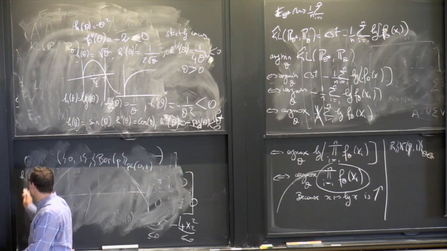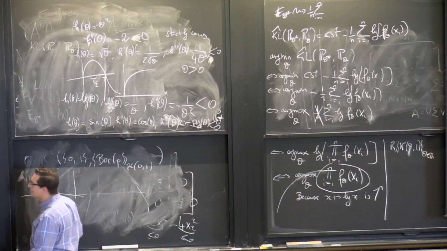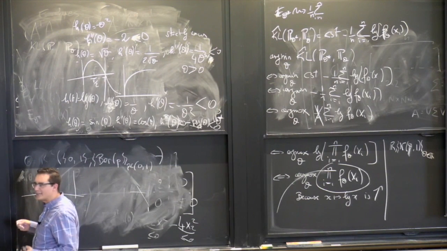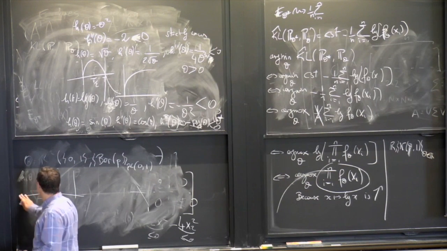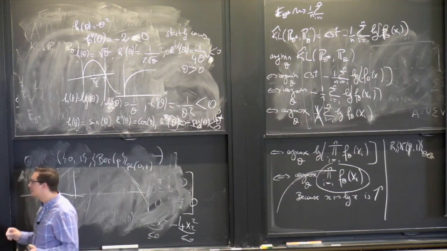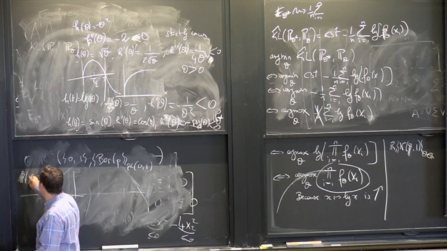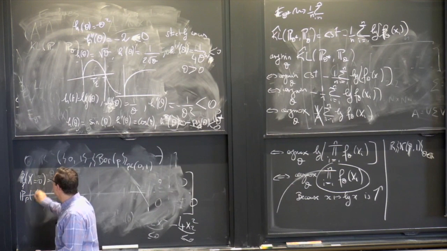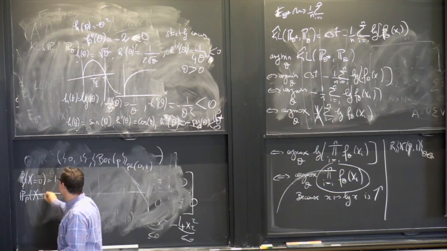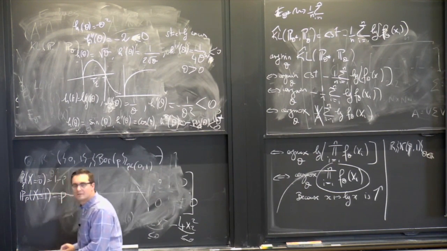Just as a side remark, I can write the PMF of a Bernoulli in a very concise form. If I ask you what the PMF of a Bernoulli is, you could tell me that under p, the probability that x is equal to 0 is 1 minus p, and the probability under p that x is equal to 1 is p.